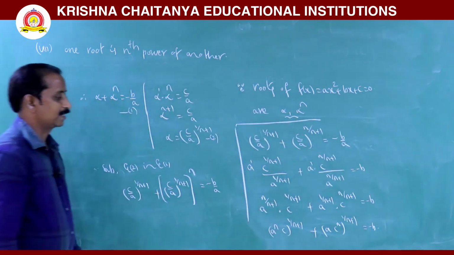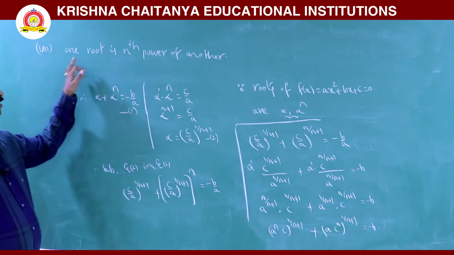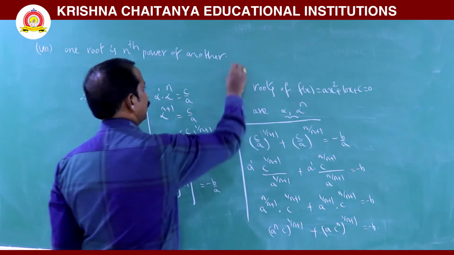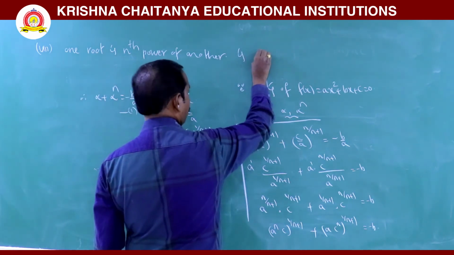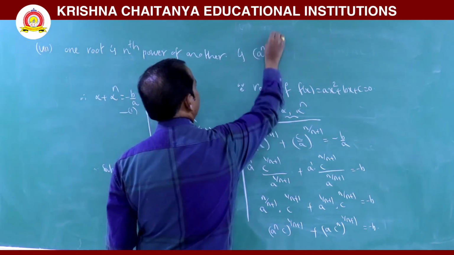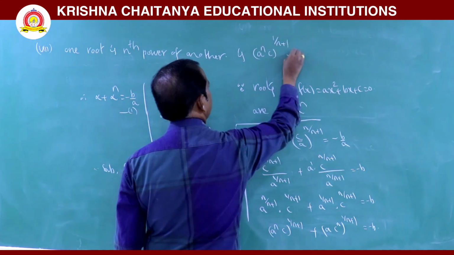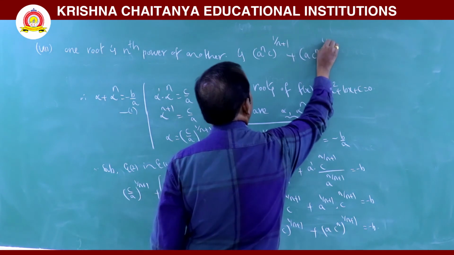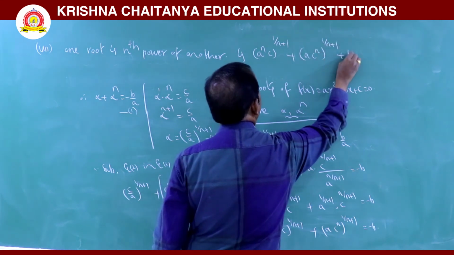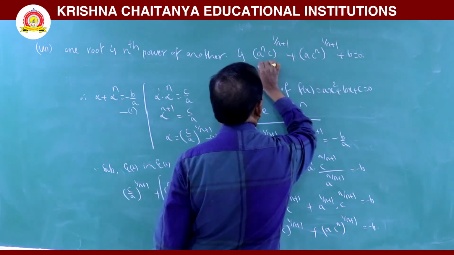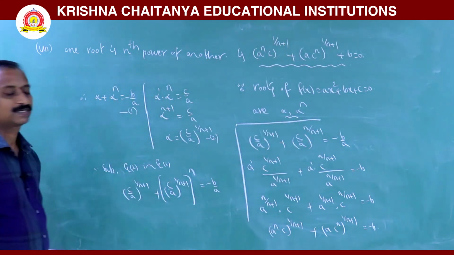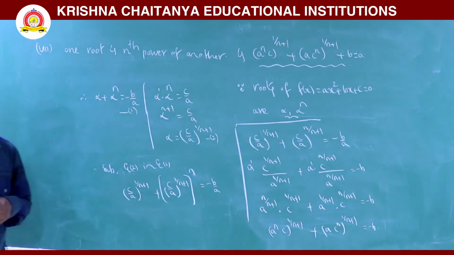So we are getting one condition. If one root is the nth power of the other, then (a to the power of n into c) whole to the power of 1 by n plus 1, plus (a c power n) whole to the power of 1 by n plus 1, plus b is equal to 0, or is equal to minus b. These are the roots recording, shortcuts on quadratic equations.